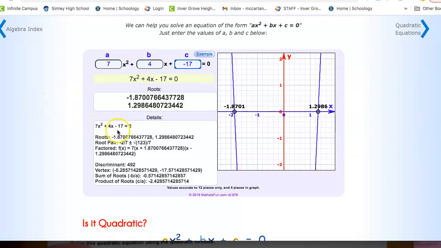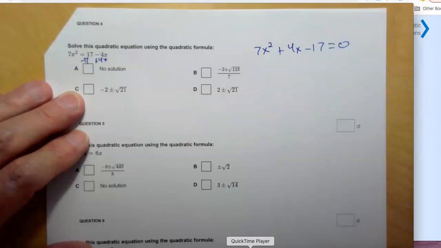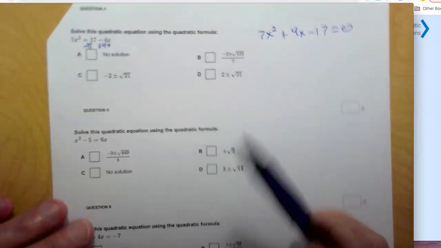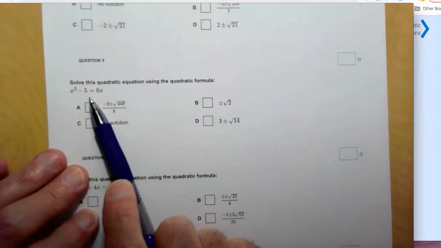There's our answer right there: negative 2 over 7 plus or minus the square root of 123 over 7. Yep, I see the answer. That's right there.